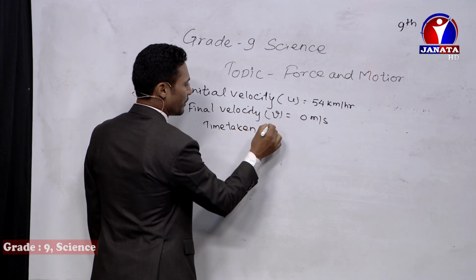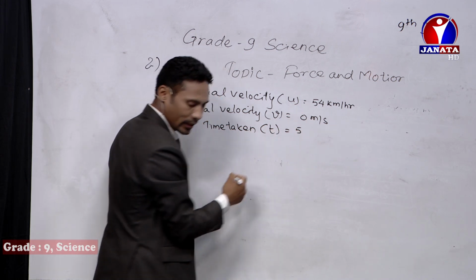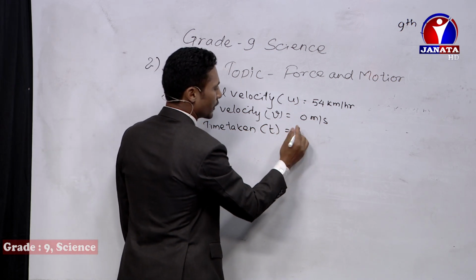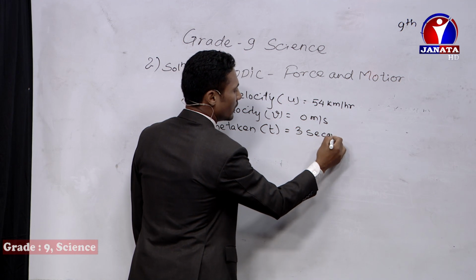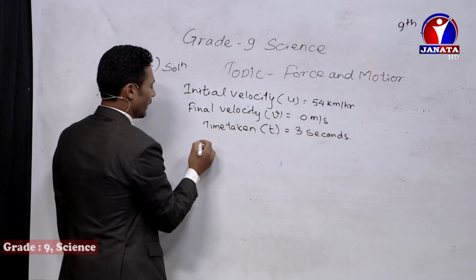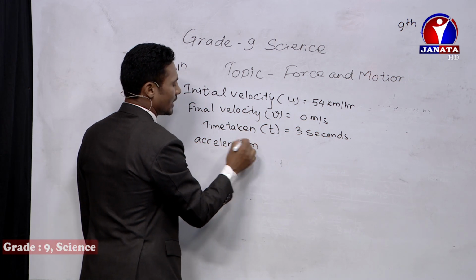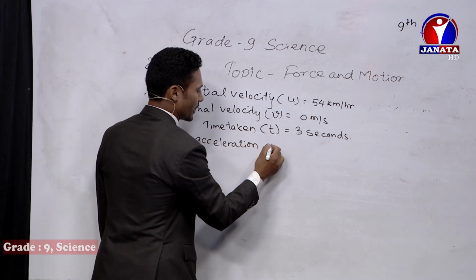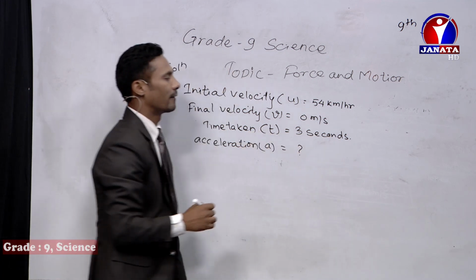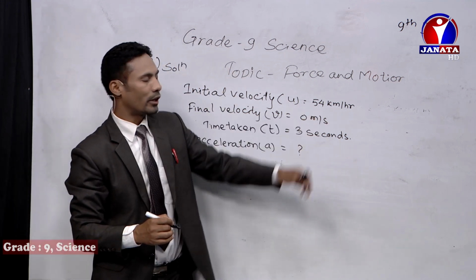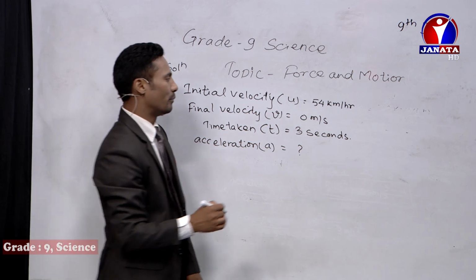So I will represent this by t is 3 seconds, right? Then acceleration, actually this is the retardation, so let's simplify. Speed is given in kilometer per hour, so let's change this into meter per second.